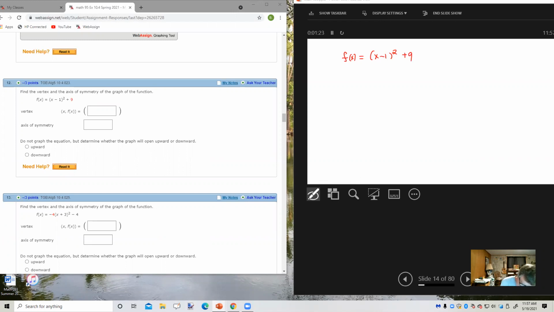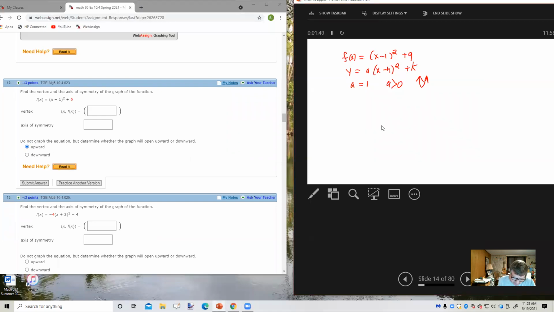If we compare that to the form y equals a times x minus h squared plus k, we see that a is equal to 1. So a is greater than 0, which means the parabola is going to open upwards. Okay, so over here, do not graph the equation, but determine whether the graph will open upward or downward. It's going to open upwards.